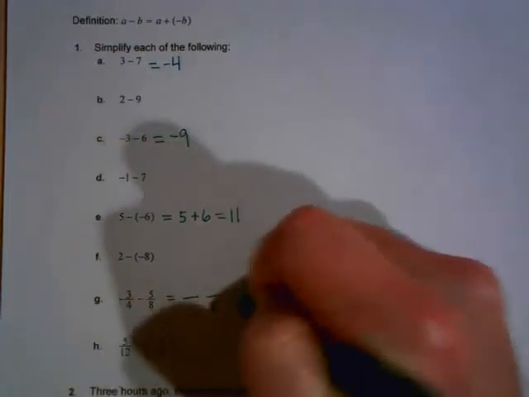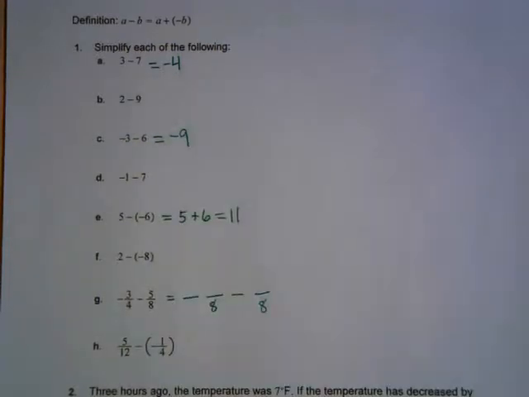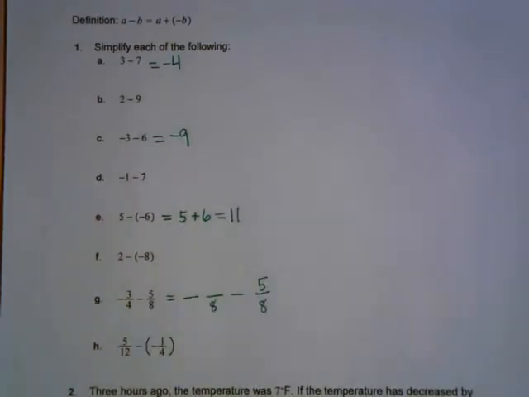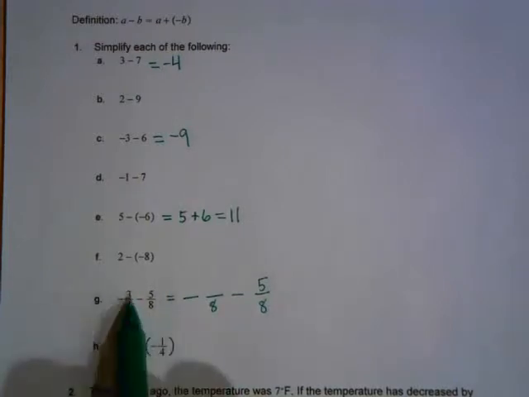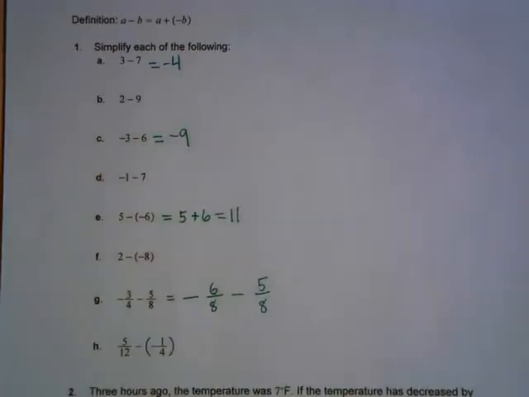So I'm going to write both my fractions so that they have a denominator of 8. Now the second fraction already had a denominator of 8, so nothing changes there. The first fraction, to go from a 4 to an 8, I have to multiply by 2. If I multiply by 2 on bottom, I have to multiply by 2 on top. So that's a negative 6.